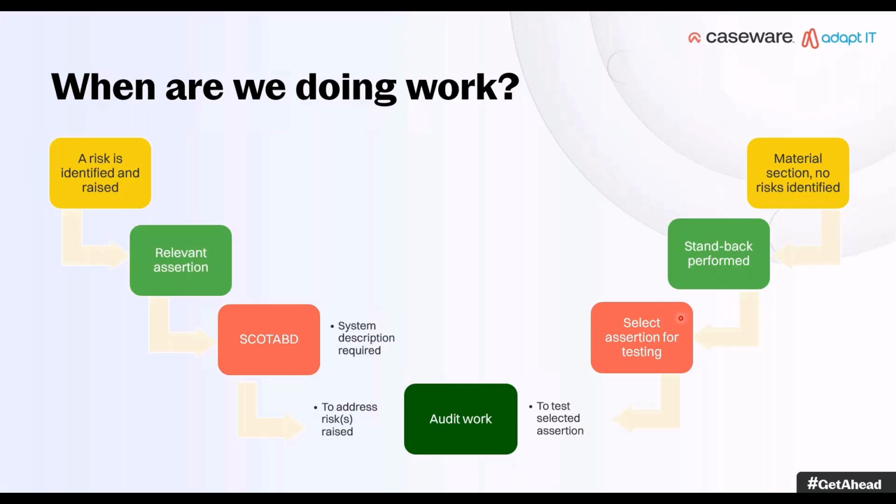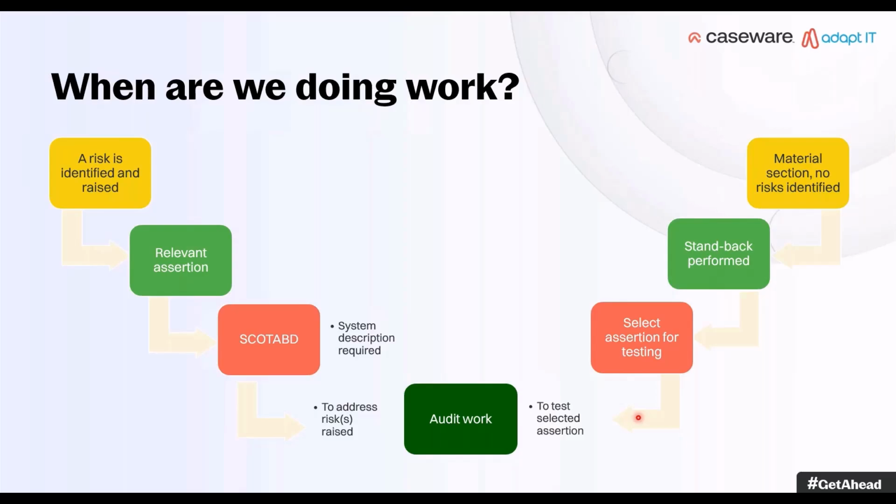Even in AI, you'll also select an assertion to test, even though there's no risk. You see the difference between the coral one on the right-hand side and the coral on the left-hand side. The left-hand side says where you have recorded a risk, you have that relevant assertion, you've got the significant class of transaction, then you must do a system description. For the material balance with no risk identified, there is no requirement to do a system description. Yes, we're going to have to do substantive field work.